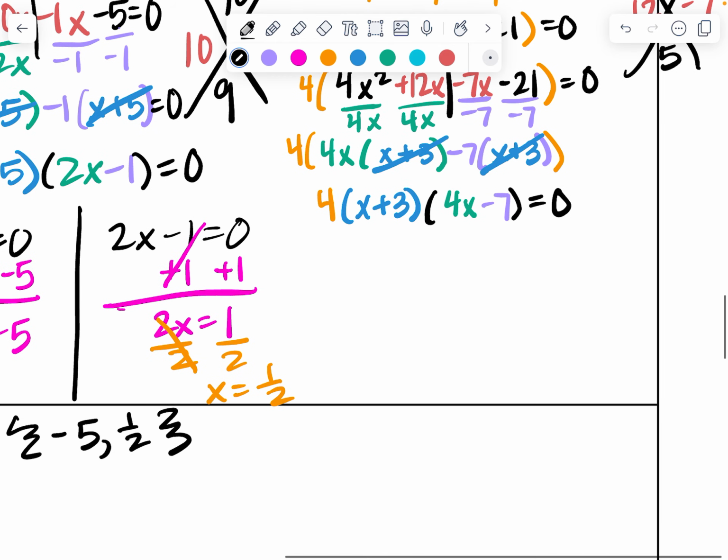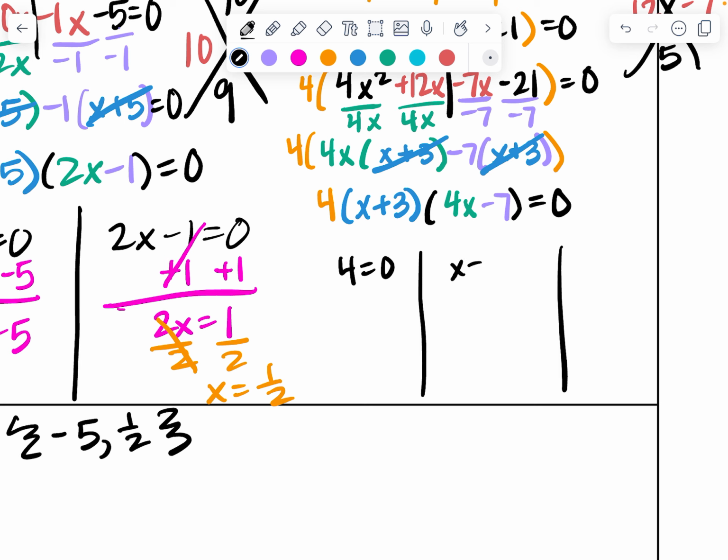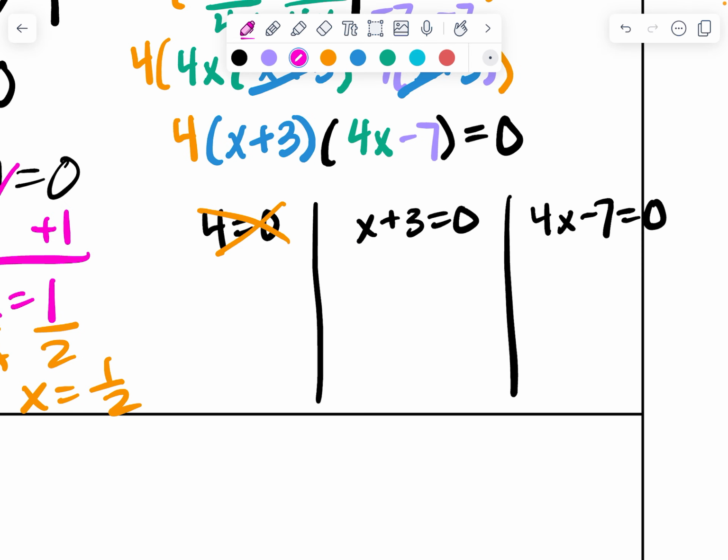All right, so I actually have 3 factors in this one. So I have 4 equals 0, x plus 3 equals 0, and 4x minus 7 equals 0. So right away I know that 4 does not equal 0. So that's not going to be one of the solutions. Here I can subtract 3.